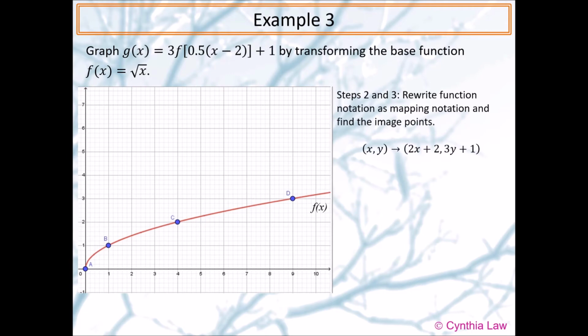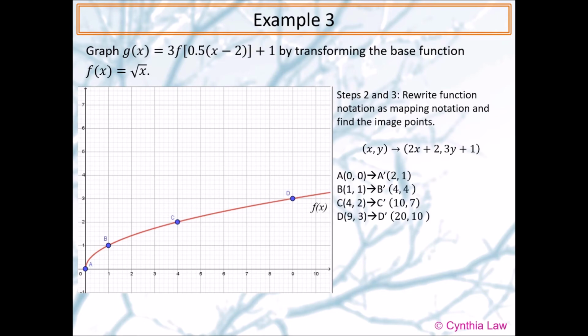So we have 2x plus 2. k is 2 because 1 over k is 0.5. And then 3y plus 1 for the y coordinate. And then from our points A, B, C, and D, we derive A prime, B prime, C prime, and D prime by performing the calculations.